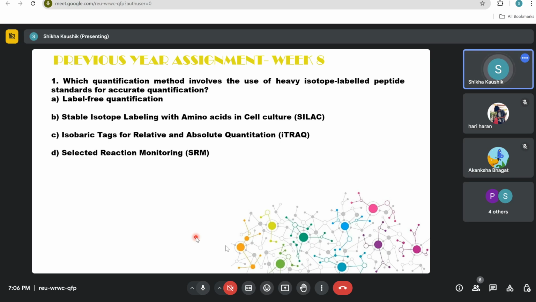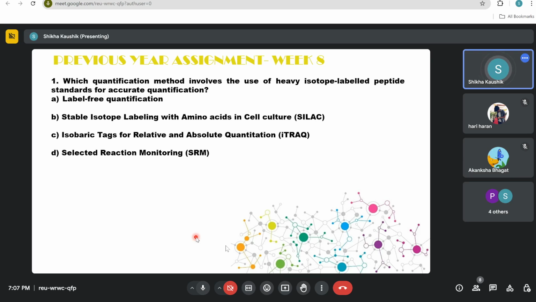Because here you have to think a little in terms of what we are going to talk about. So this is basically talking about high throughput only. The first thing I want to tell you is this question is a little smartly designed, so generally people will say it's SILAC, right?